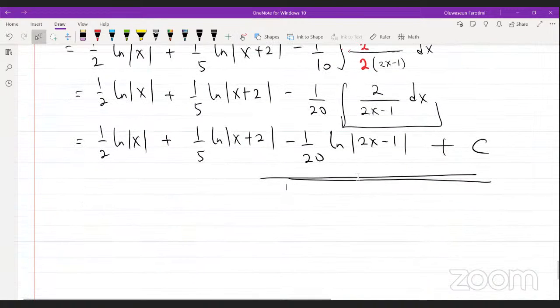So that's the first case that can actually happen. We have another case we're going to look at. Let's call this case 2.